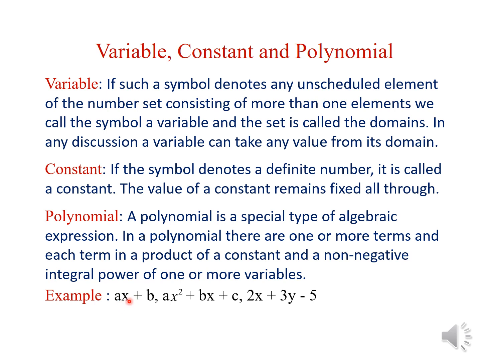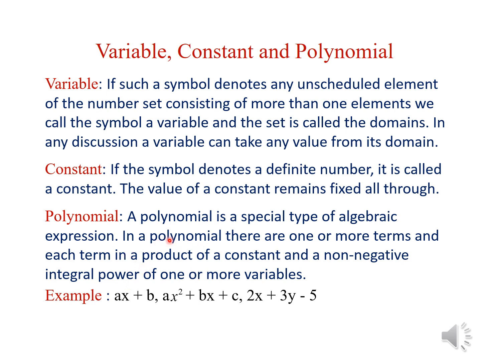Here the first term is the product of a constant and a variable. Here x, y, these are variables. And here the power of the variable must be non-negative. That means 0 or a positive integer. The power cannot be a fraction or negative.